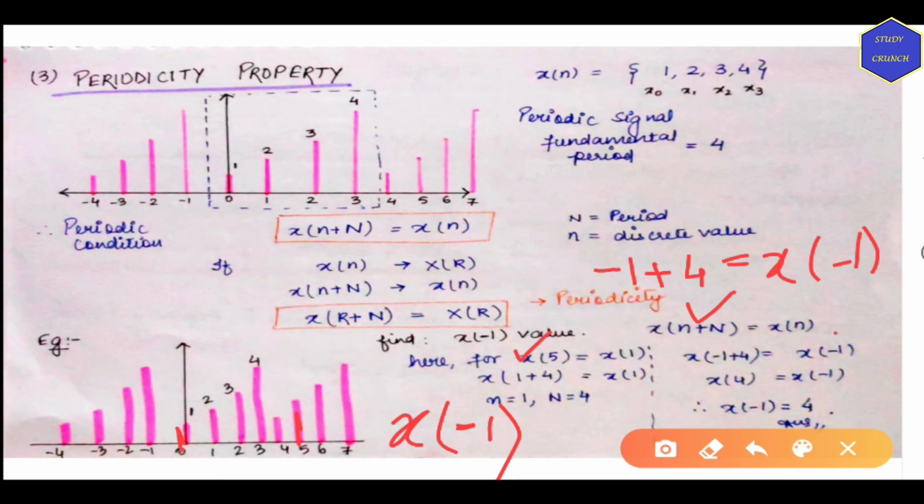Now we can put the values in. So x of minus 1 plus 4 is equal to x of minus 1. The value at x of minus 1 is 4.